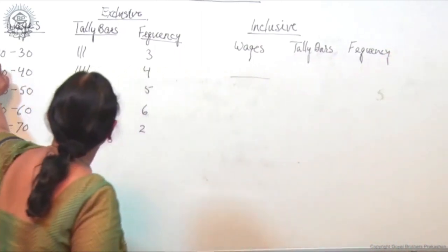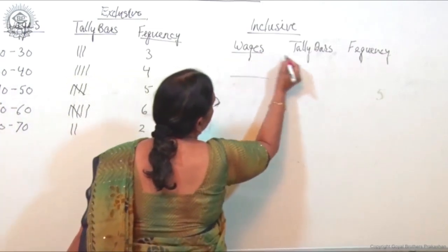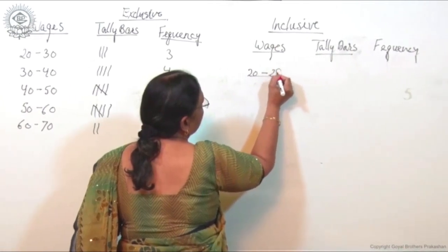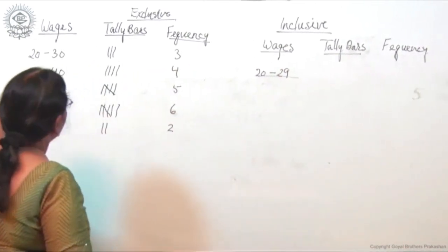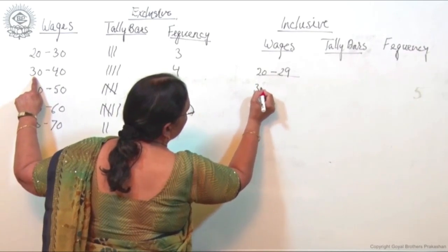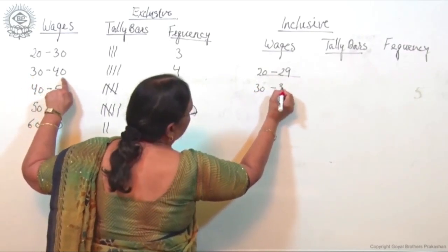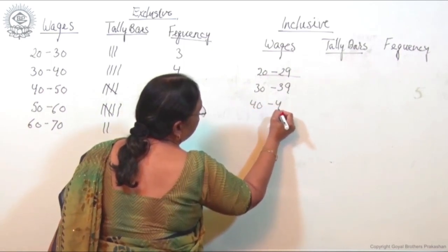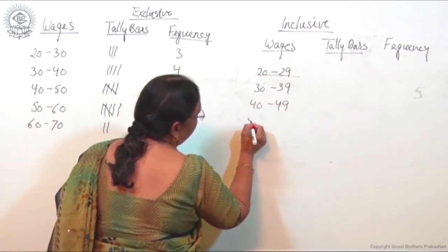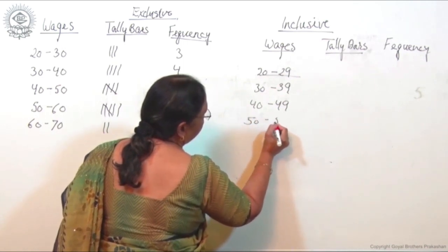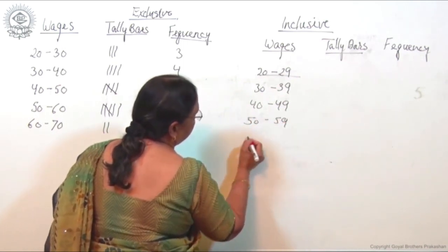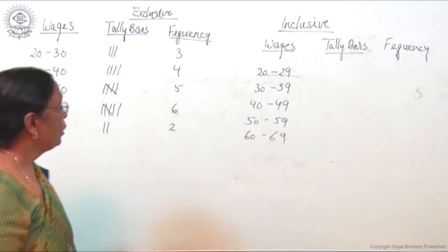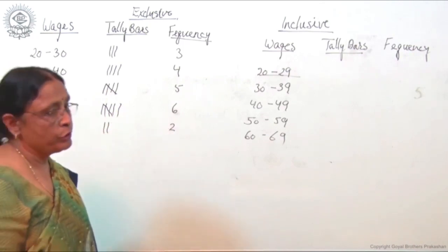Now here the wages we will take from first one, 20 to 29. Then the next one will be 30 to 39, then 40 to 49, then 50 to 59, and then 60 to 69. Here you are taking a gap of 1 in the case of inclusive series.